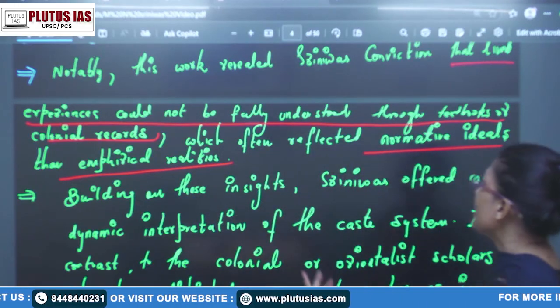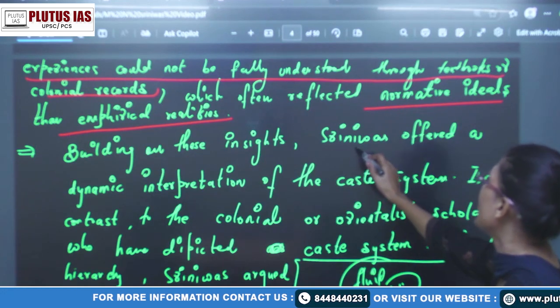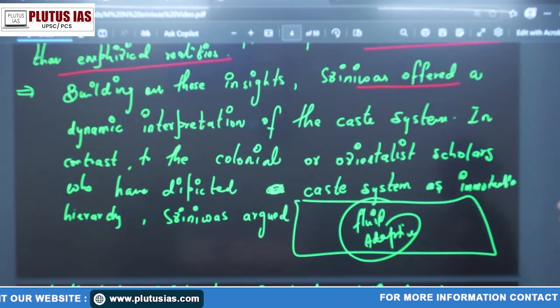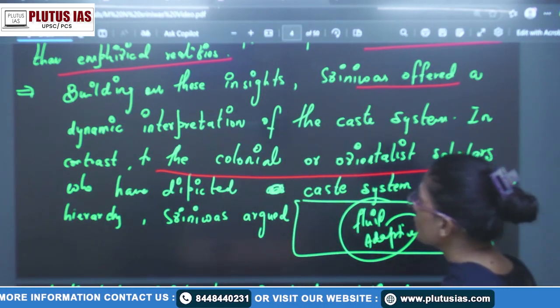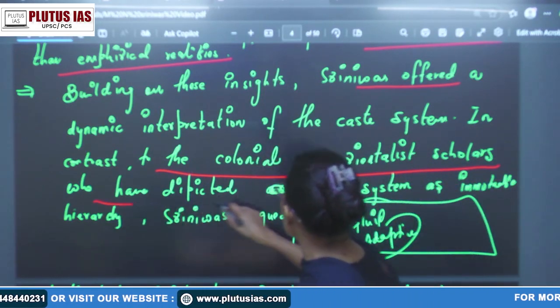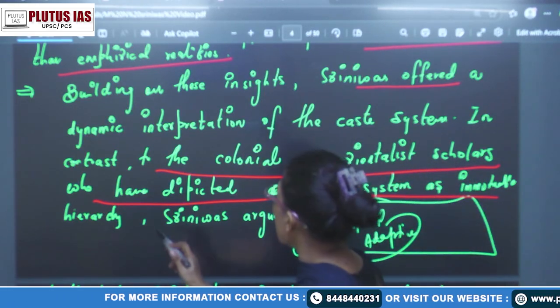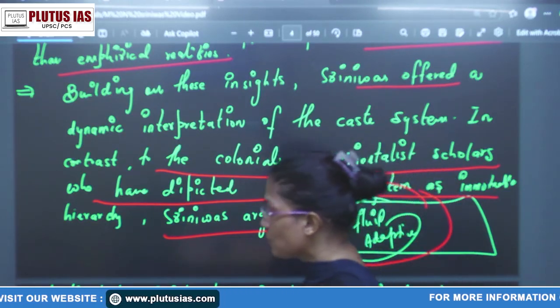We need empirical realities. Building on these insights, Srinivas offered a dynamic interpretation of the caste system, in contrast to the colonial or Orientalist scholars who depicted the caste system as an immutable hierarchy. Srinivas argued that it is fluid and adaptive.